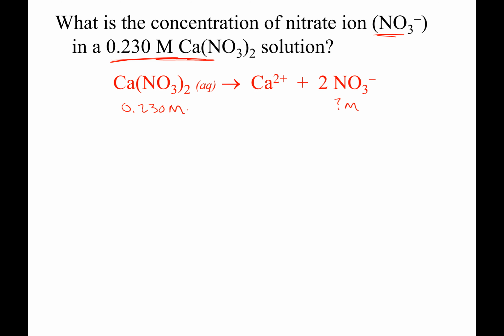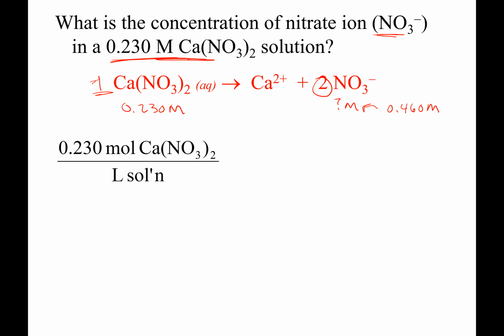Most people will look at that and say, well, for every one of the compound we dissolve we get two nitrates, so I'm guessing that molar concentration is 0.460 molar, or 2 times the 0.230. And you'd be right.